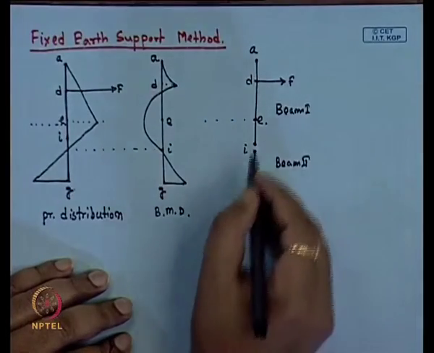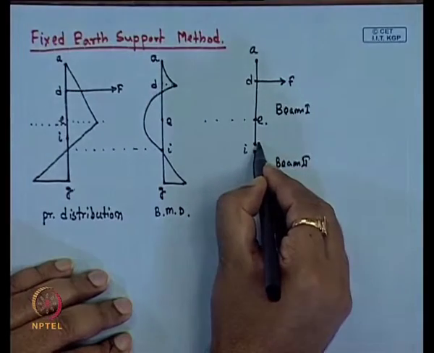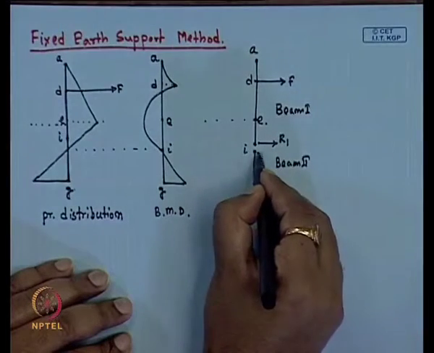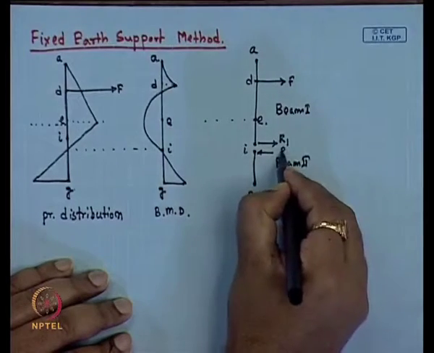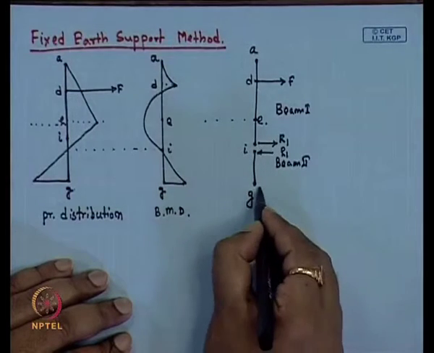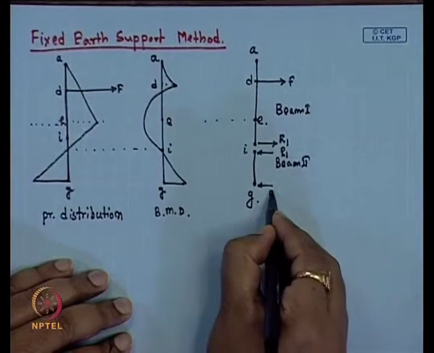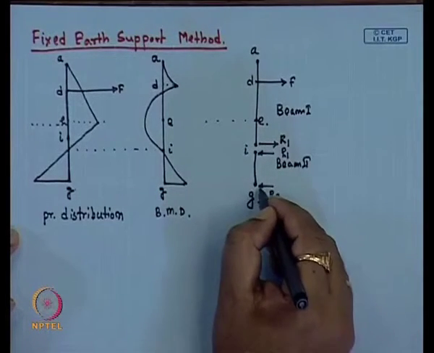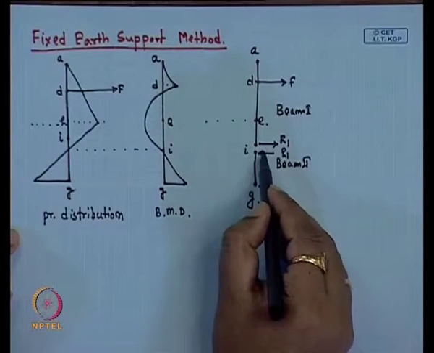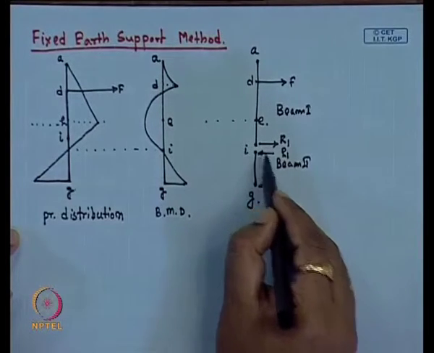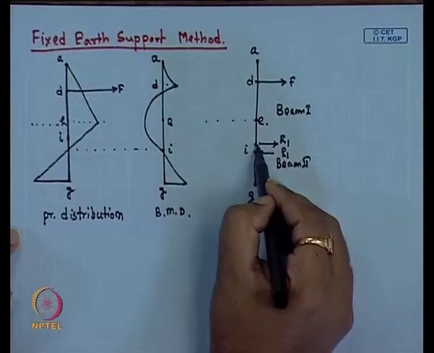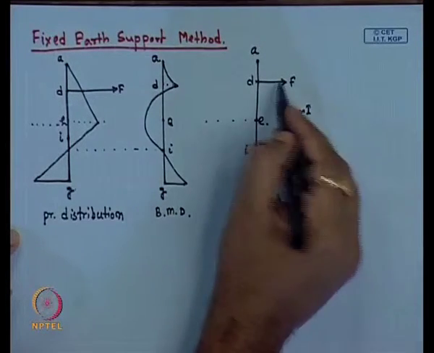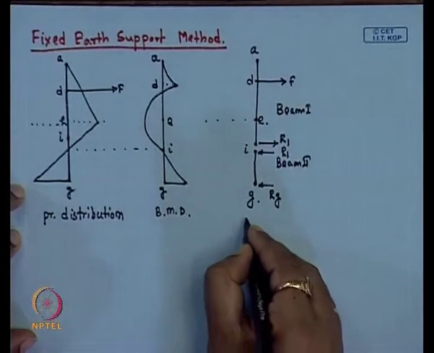Now, what are the forces acting here? The reaction force R1 is acting, and the same force in the opposite direction, R1, is acting on beam 2, and then Rg is acting at the G point. So, Rg is the reaction force at the G point, R1 is the reaction force at the I point for beam 2, and R1 is the reaction at the I point for beam 1, and F is the anchor force. So, these are the forces.